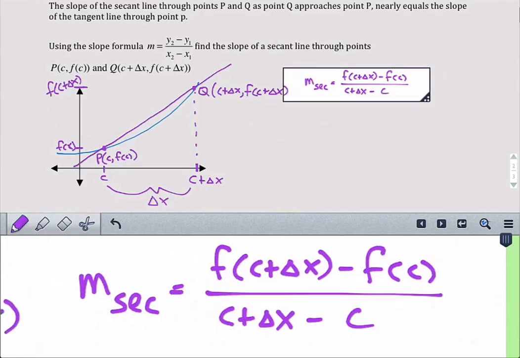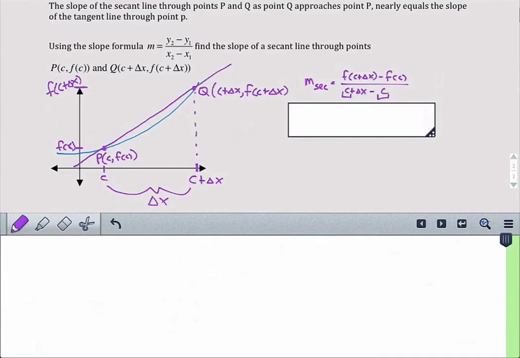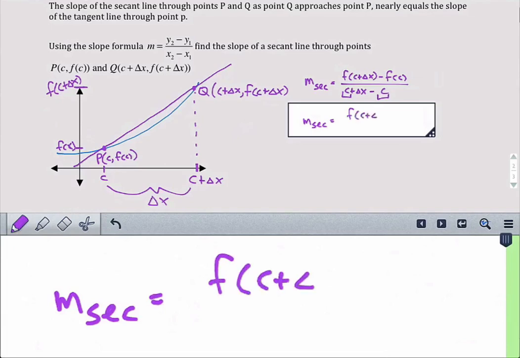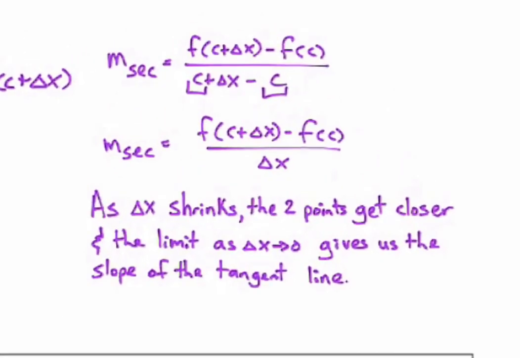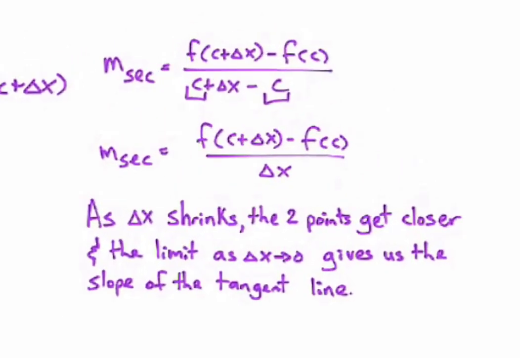If we simplify, the c minus c drops out, so the slope of the secant line is f(c + Δx) minus f(c), over Δx. Now as Δx shrinks, the two points get closer, and the limit as Δx approaches 0 gives us the slope of the tangent line.